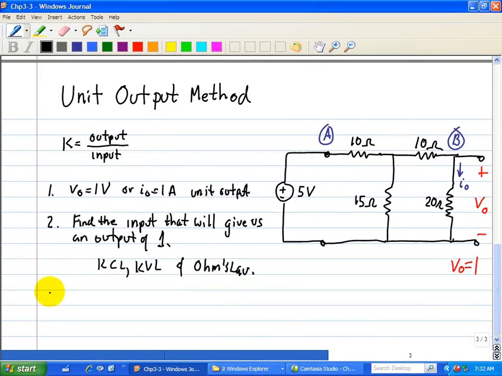Once we find that input, then we apply this K equation, a proportionality constant, output over input, such that our output is 1 and we want to figure out what our input is for a unit output.